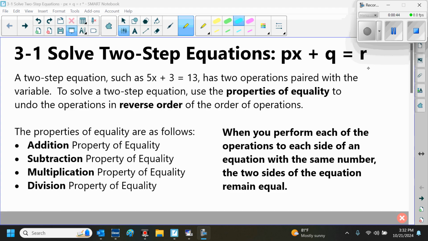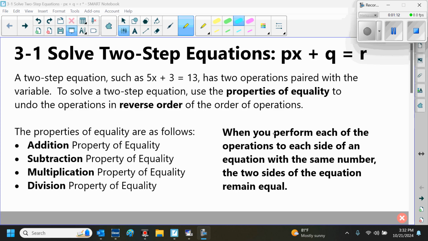Now, to solve a two-step equation, we want to use the properties of equality to undo the operations in reverse order. So, the properties of equality are the addition, subtraction, multiplication, and division properties of equality. Now, you should know that those properties of equality mean that if you add on one side, then you have to add on the other side. If you multiply on one side, you have to multiply on the other side, and that goes with all the other operations.